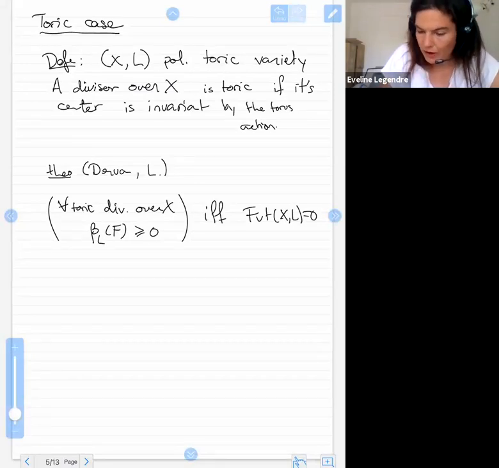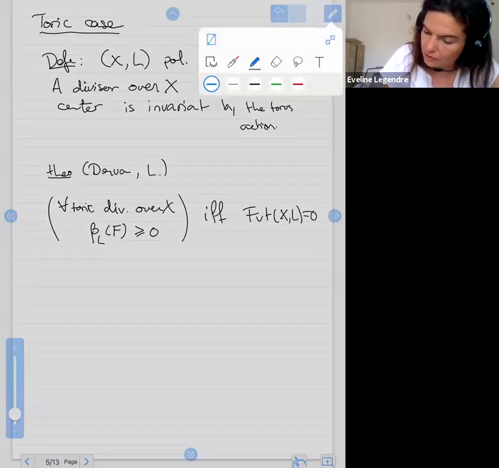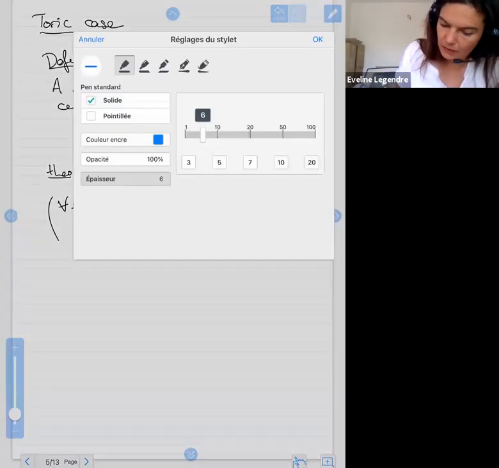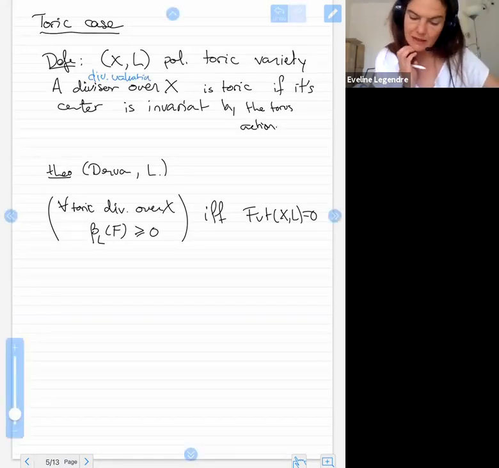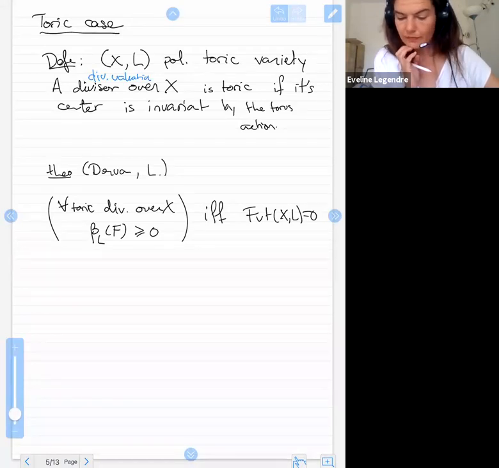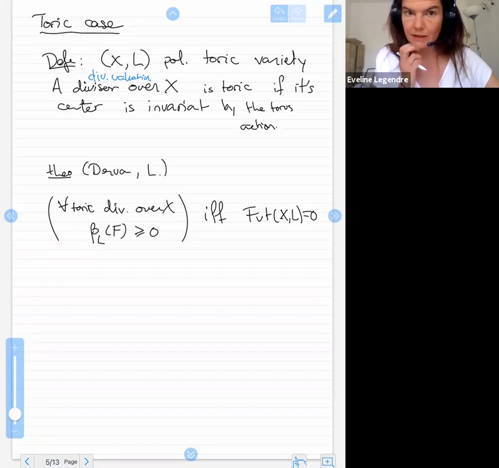if we have a polarized toric variety, we could say that a divisor over X, well, maybe I should be more precise here. What I mean is divisorial valuation. Well, you can say a divisor over X is toric if its center in X is invariant by the torus action.